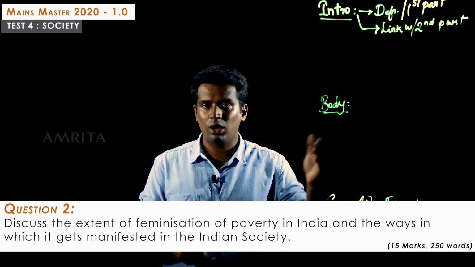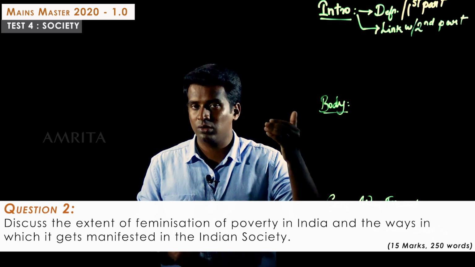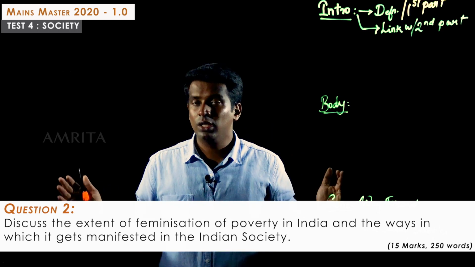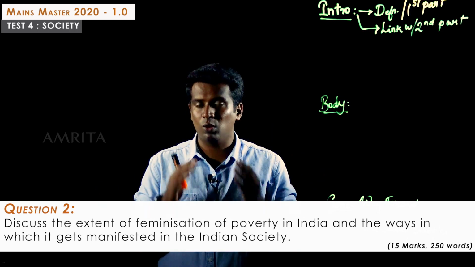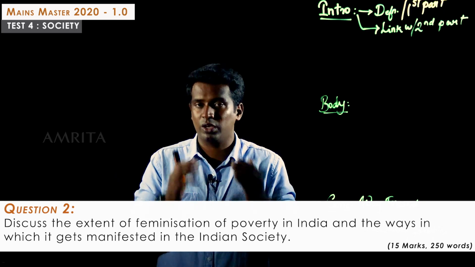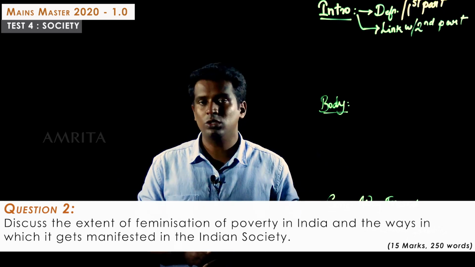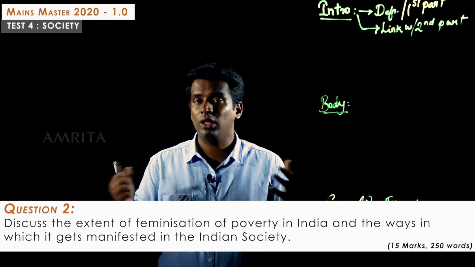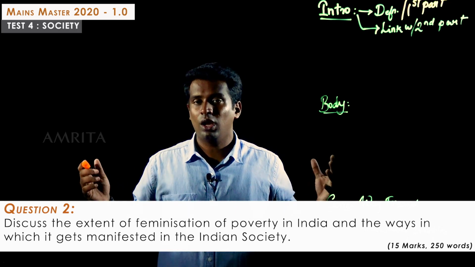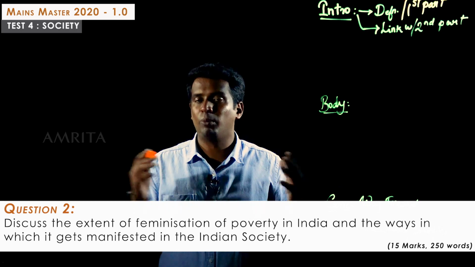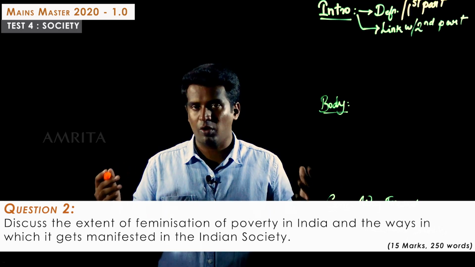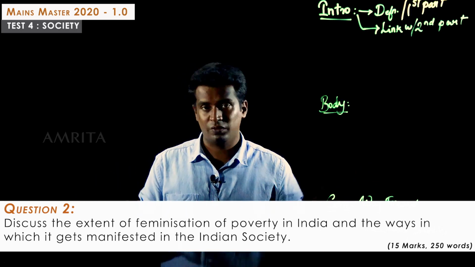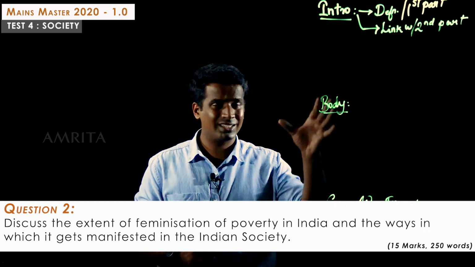Before the conclusion, give way forward measures on how we can reduce the feminization of poverty, and poverty itself. In conclusion, say that we need to build a better society where we can eliminate extreme poverty, which will lead to a better, more developed and more poverty-free India. That is the basic structure.